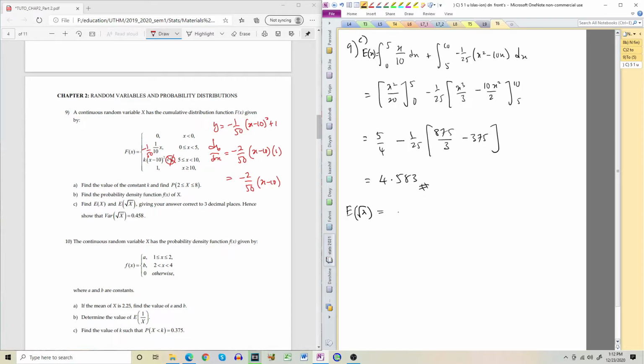Expected value of root of x, same manner you can find. If you do this, you can try this, the integration anyway.